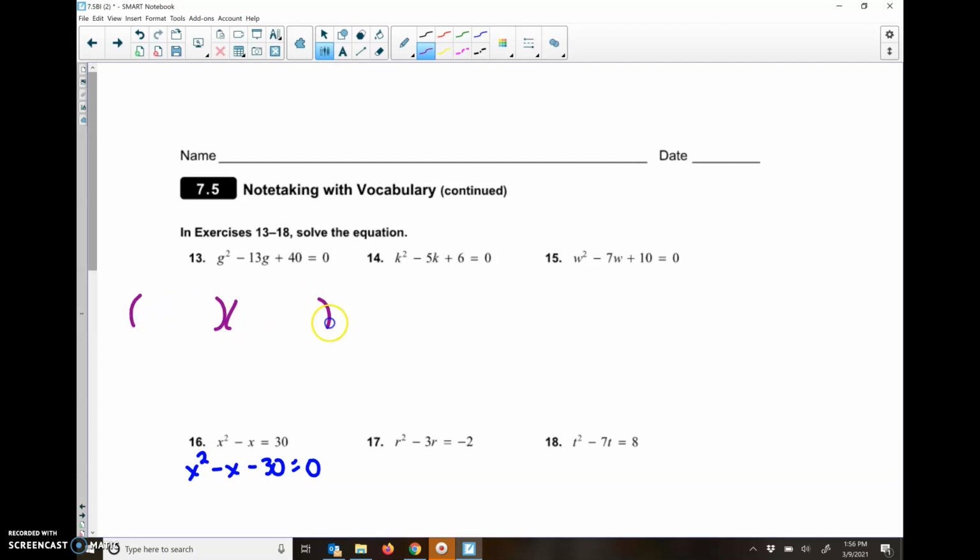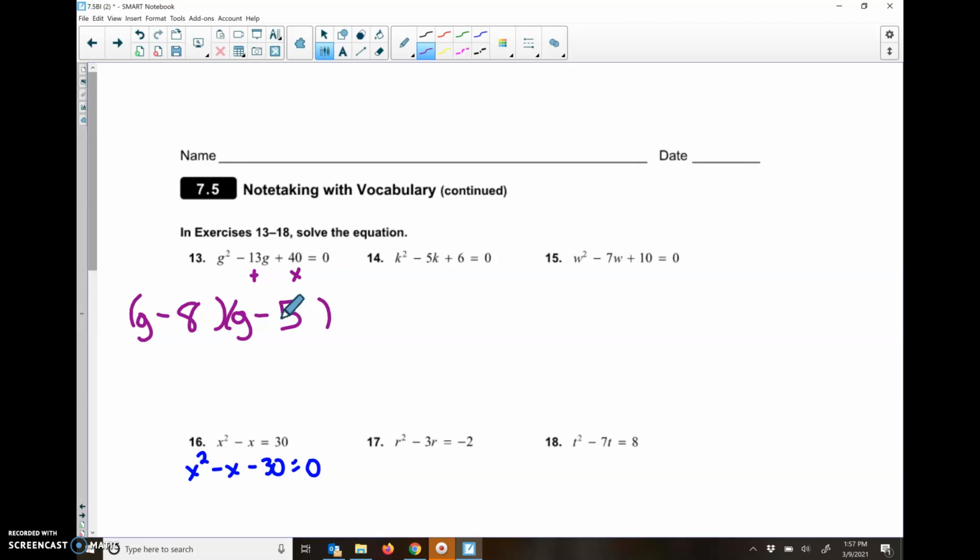So I know that this is going to be a g minus and a g minus because a negative number and a negative number will multiply to a positive number. So two numbers that still multiply to 40 and add to a negative 13. So that's going to be a negative 8 and negative 5. Negative 8 times negative 5 is positive 40.